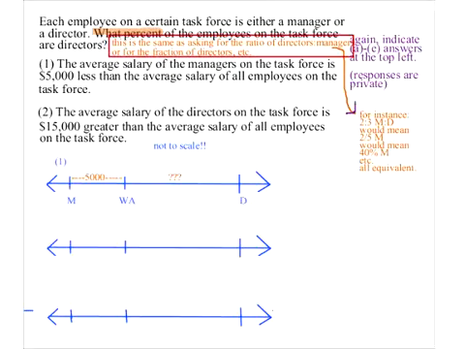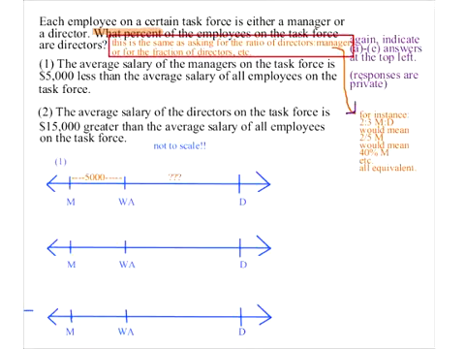Okay. Notice that directors does have to be more, because it's impossible for both of them to be less. So there you go. That's insufficient because we don't know what this ratio is going to be.